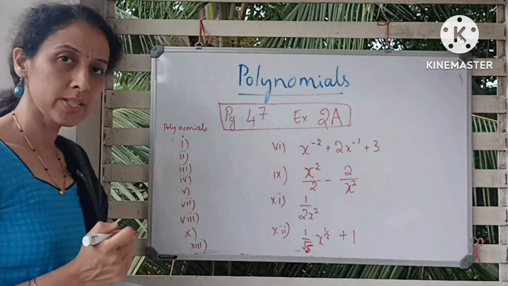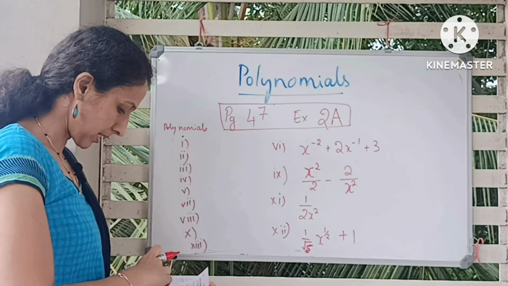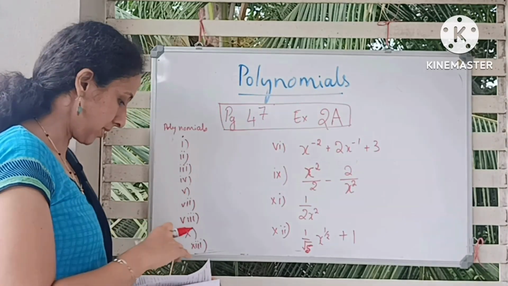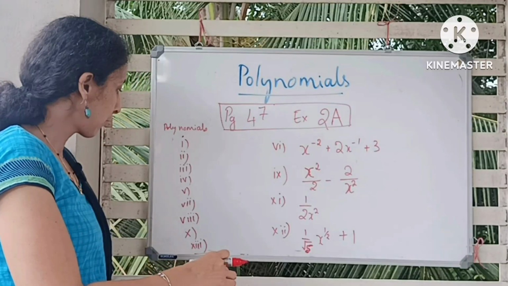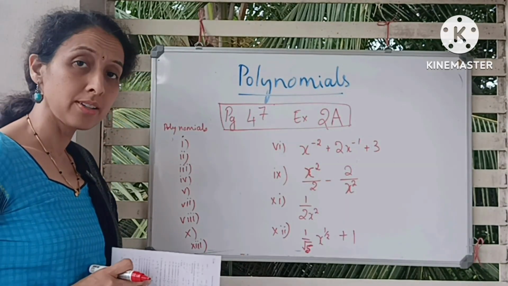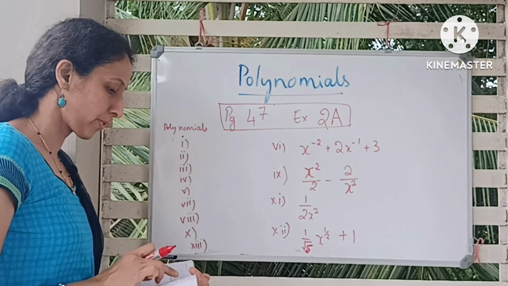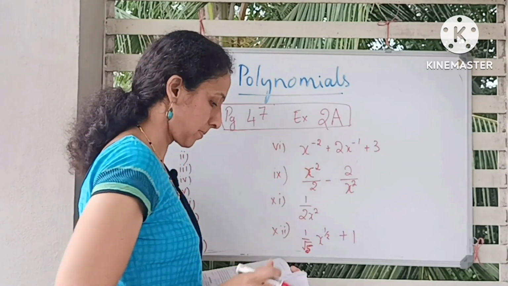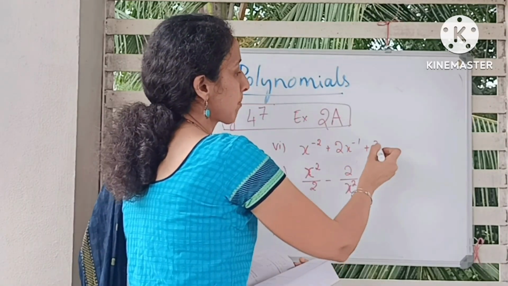Here, first problem is a polynomial of degree 5. Second polynomial is of degree 3. Third polynomial is a polynomial of degree 2. And fourth polynomial is a polynomial of degree 100. Fifth polynomial is a polynomial of degree 2, and let us see the sixth one, which is x to the power minus 2, 2x to the power minus 1 plus 3.